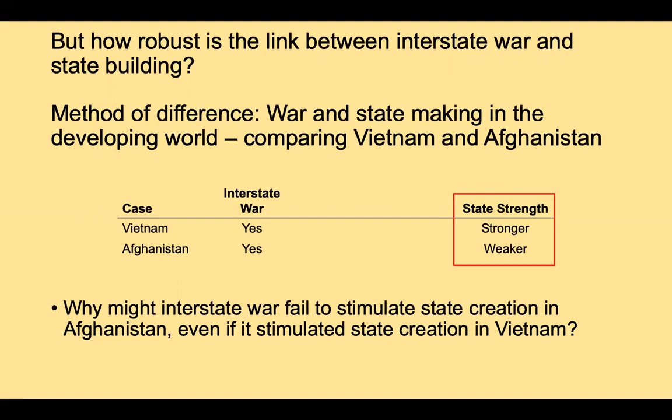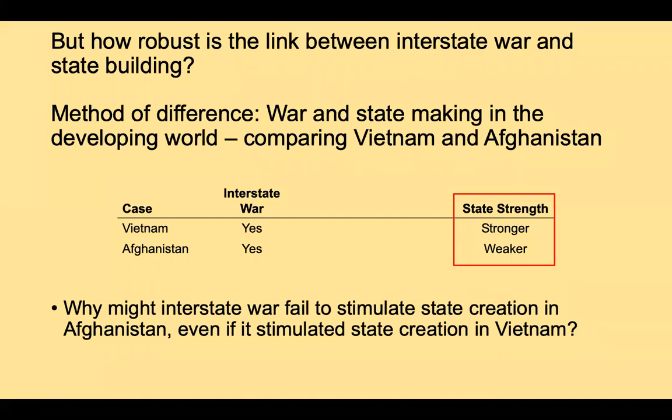And this is where we begin to examine some of the limits of the existing perspectives in the literature. If it's true that war making causes state making, Afghanistan should be a stronger state than it is, but it's not. It's a weaker state. In Vietnam, it does appear to be the case that interstate war has corresponded with stronger state building and more robust state formation.